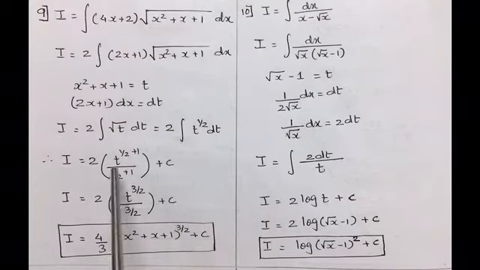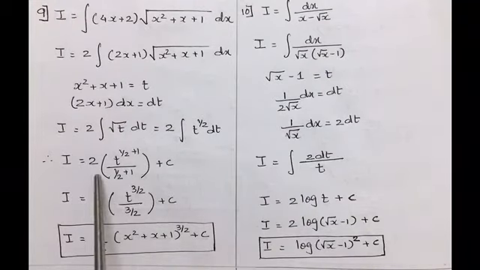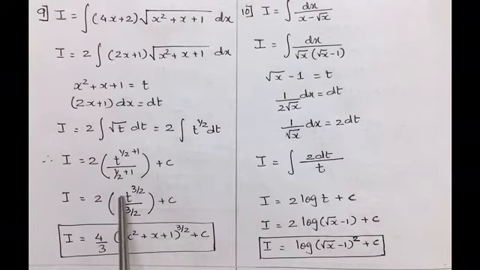Going for integrating it as half plus 1 upon half plus 1, we'll get t raised to 3 by 2 upon 3 by 2 plus c. Taking up the multiplication of 2, it becomes 4 by 3, and substituting the value of t, we get here x square plus x plus 1 raised to 3 by 2 plus c.